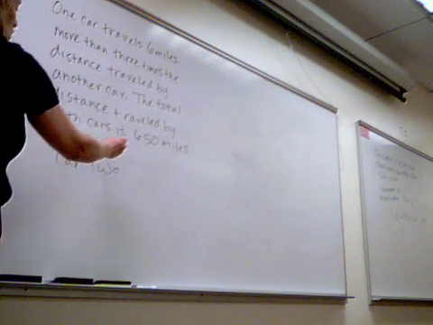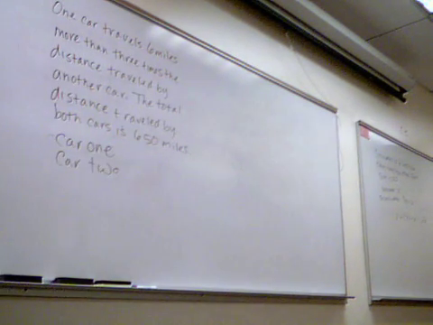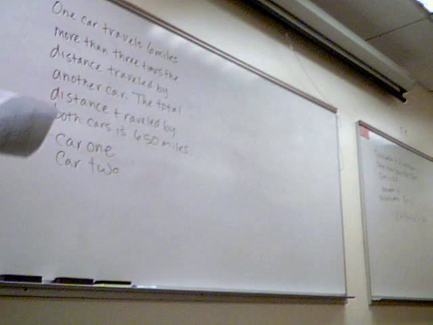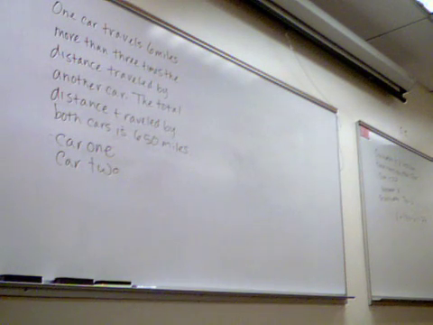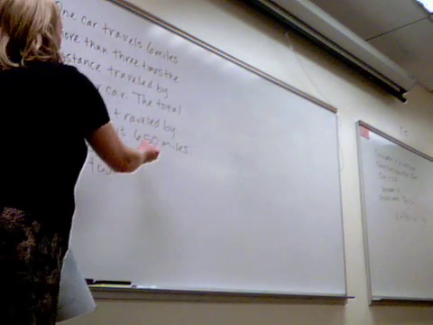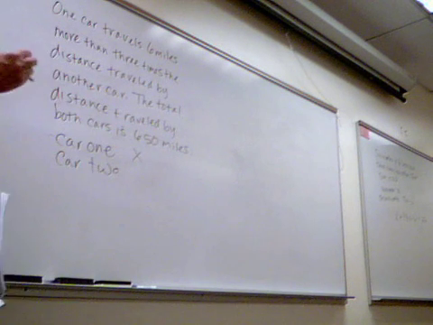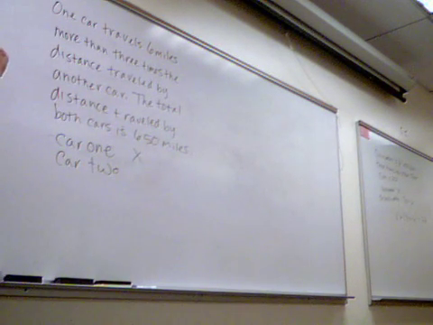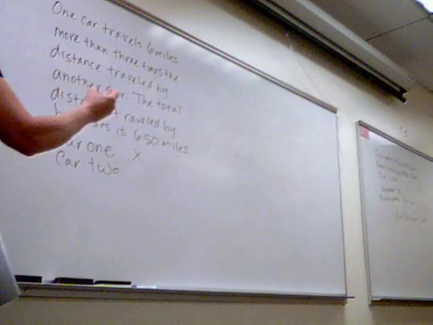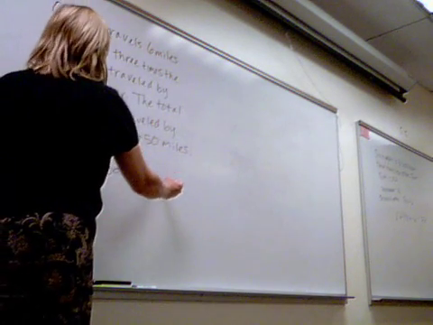Which one is in terms of the other? Car 1. Okay, so one of them can be x and the other one is in terms of that. So let's make car 1 be x. If car 1 is x, then car 2 is what? 3x plus 6. Very good.